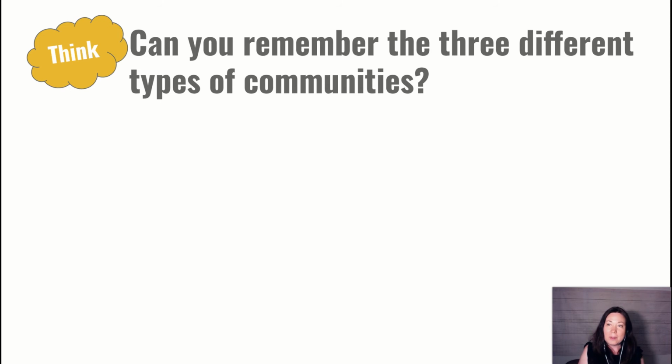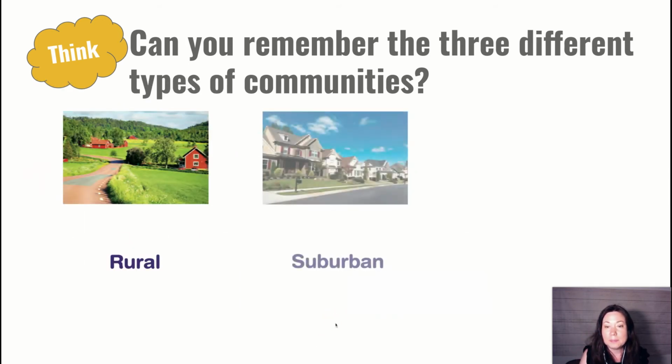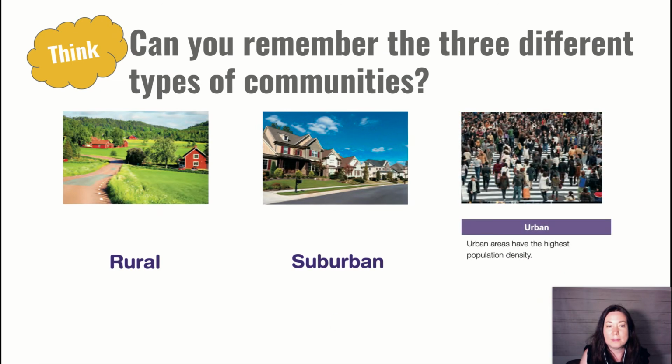So now let's think. Can you remember the 3 different types of communities? Let's review them. We had rural, suburban, and urban. Urban communities have the highest population density.